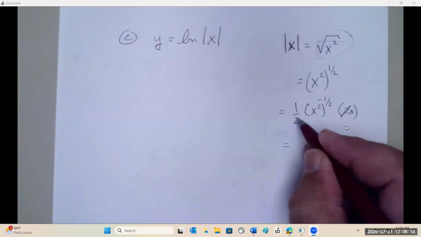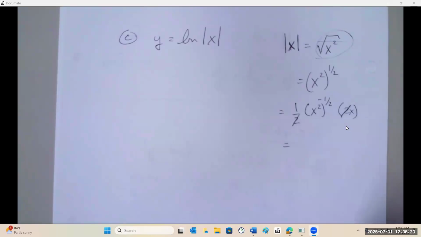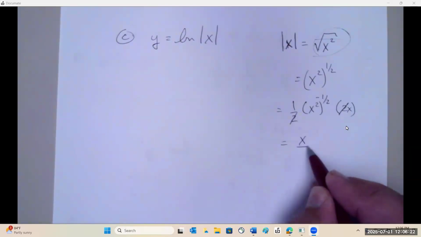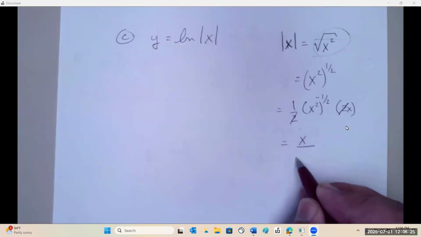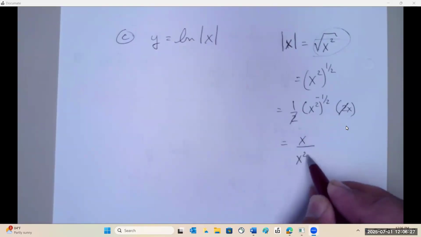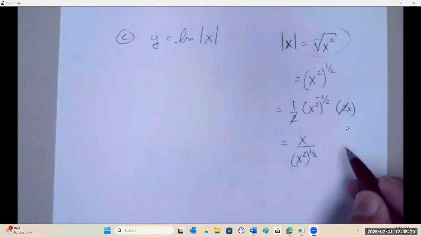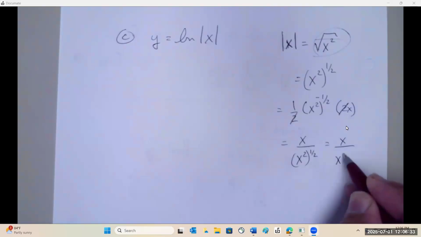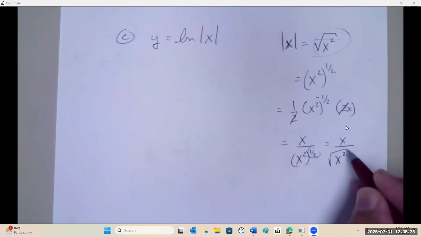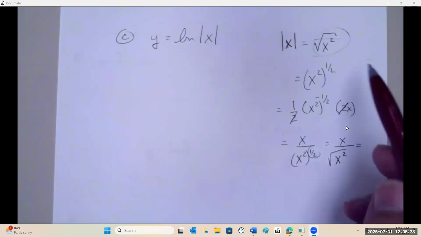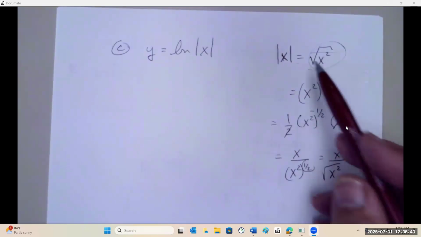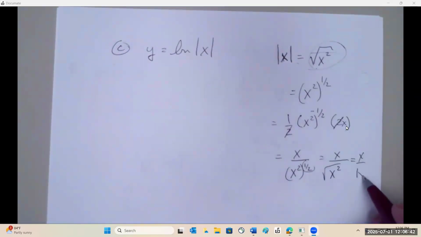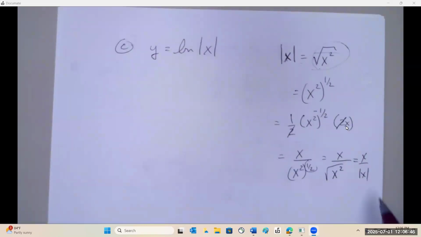The 2's cancel. So we have x on top and x squared to the power 1/2. X squared to the power 1/2 means a square root. And like we just determined, square root of x squared is the absolute value of x. So the derivative of absolute value of x is x over absolute value of x.